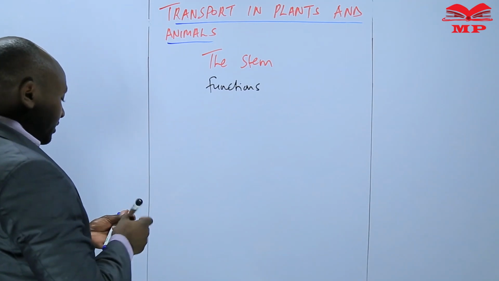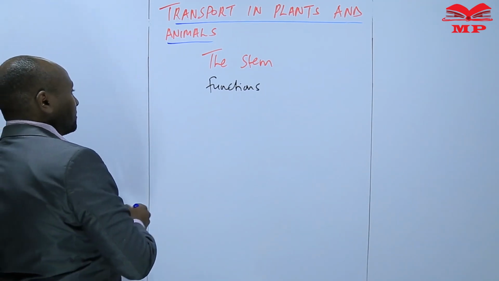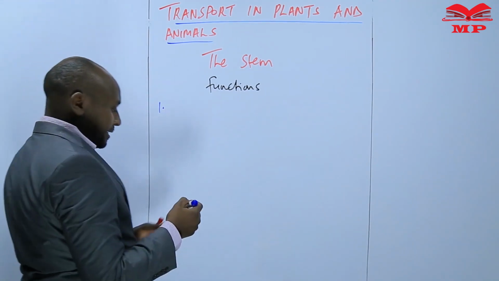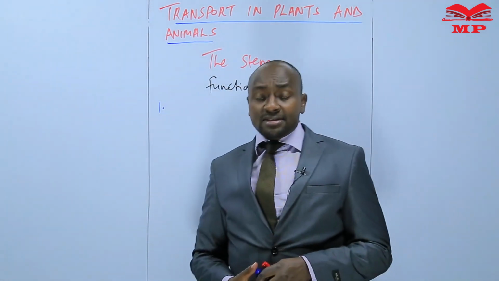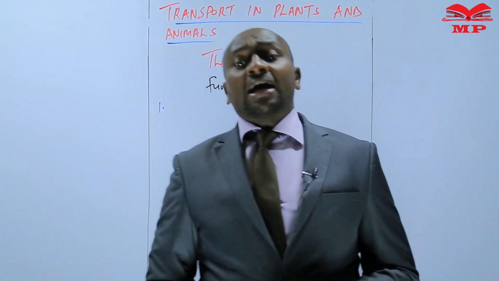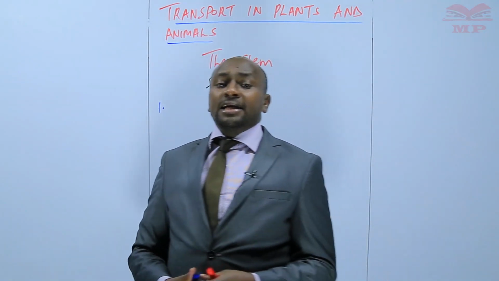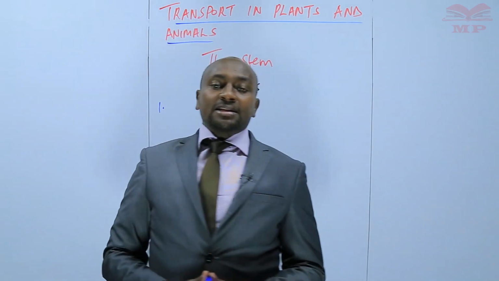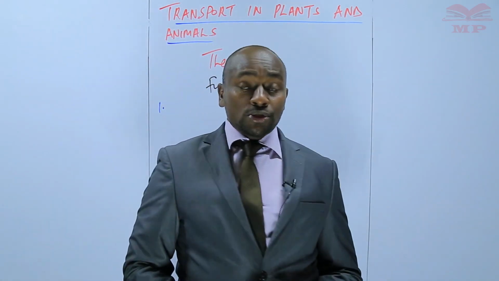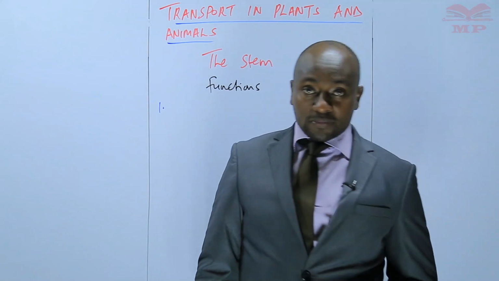Now, number one function of the stem is that the stem is the one that supports the leaves, supports the flowers, and exposes them to the environment. We understand that flowers need to be exposed to the agents of pollination.